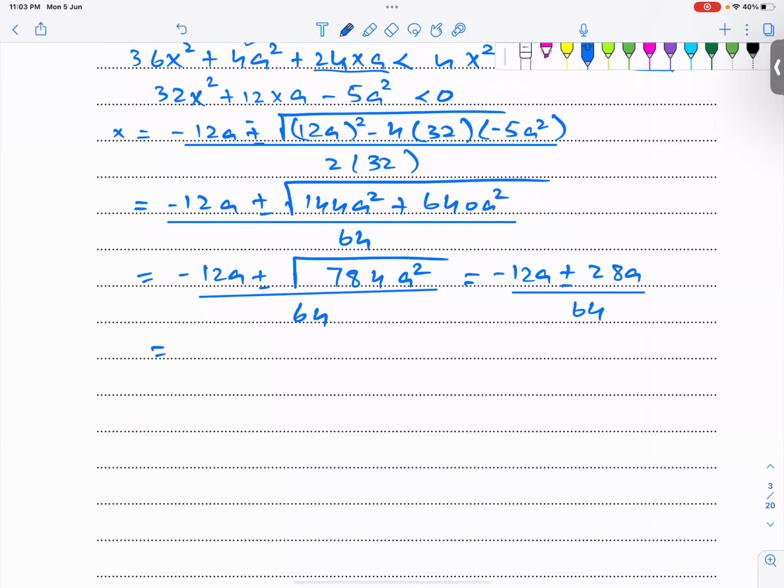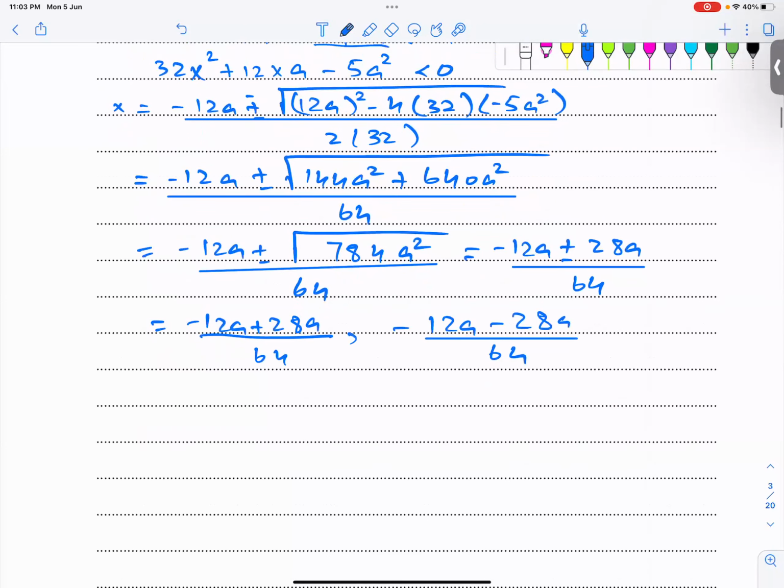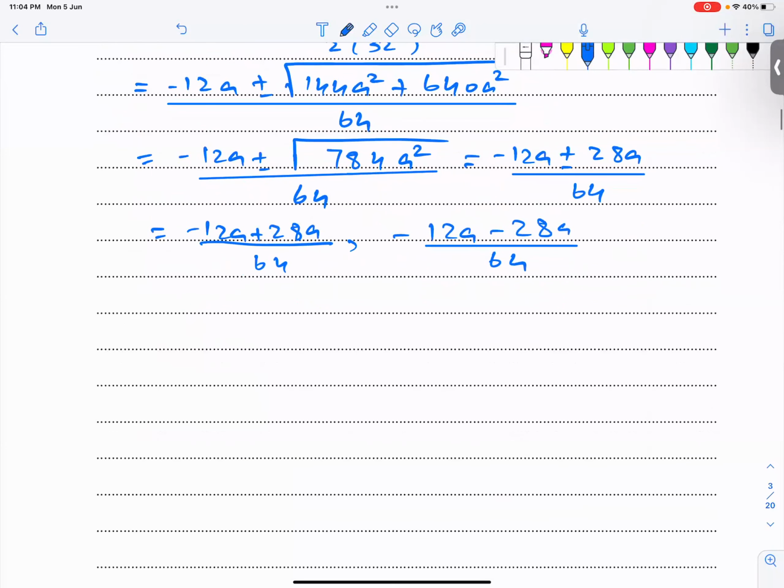So it means this will become just a, divided by 64. So now you will split it: minus 12a plus 28a divided by 64, and minus 12a minus 28a divided by 64. So the first value is 28 over 64. This will be just a over 4. You can use the calculator.